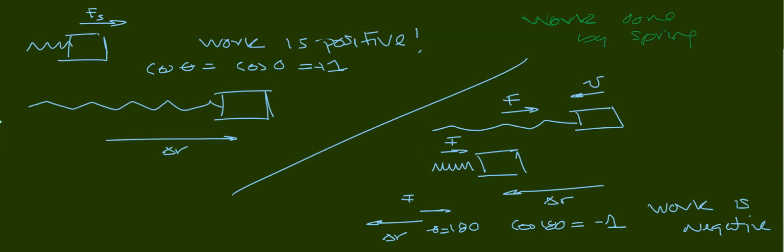Let's consider this scenario now. I am going to use an external force to move the block from this position to this position. The 0 is here, so you notice that the displacement was towards the left. All right, this is the equilibrium point, neutral length. So what happens if I calculate the work done by this external force?